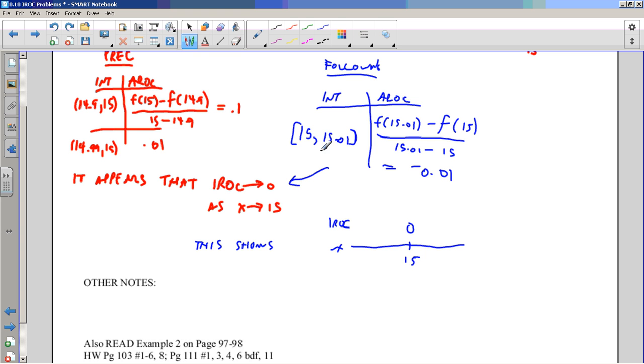It looked like it was getting closer and closer to 0, but for the little bit to the left, the preceding interval, it was positive, and the following interval was negative. That means the graph had this shape: increasing, 0, decreasing. Therefore, x equals 15 is a maximum.